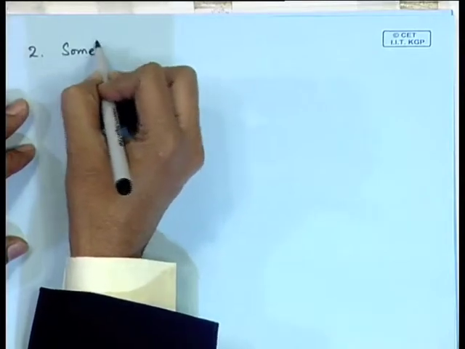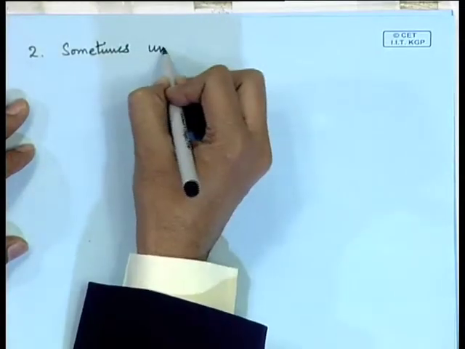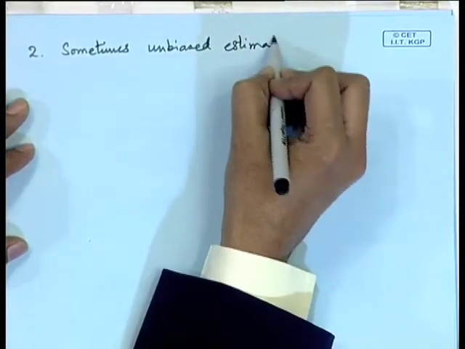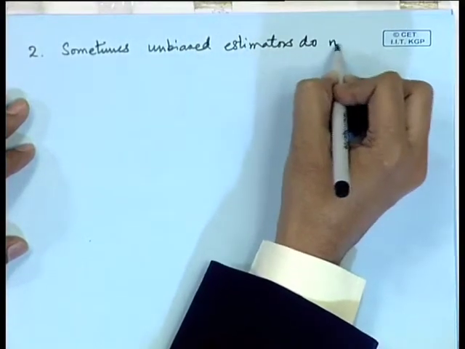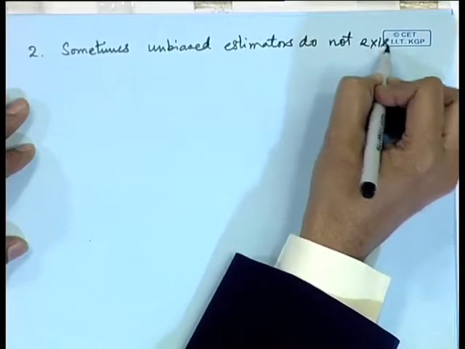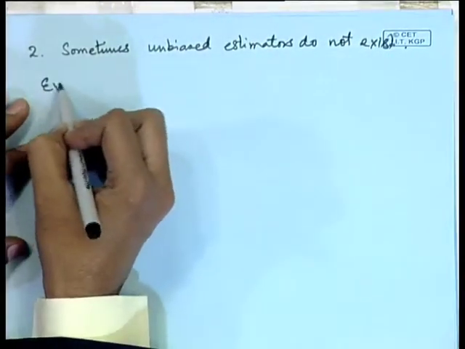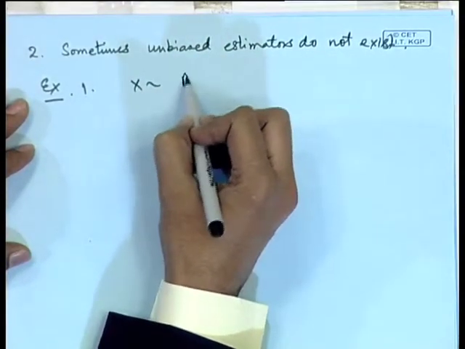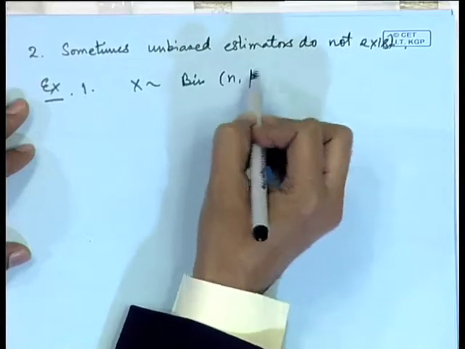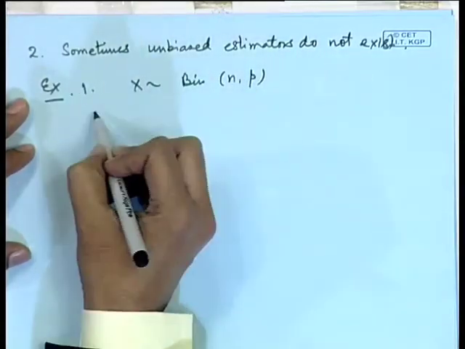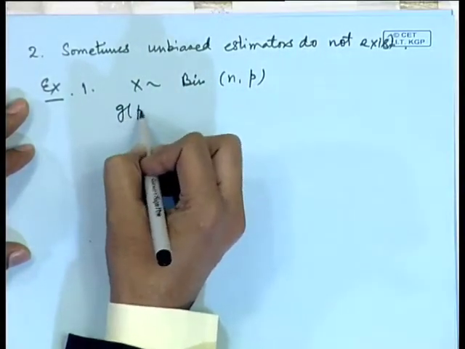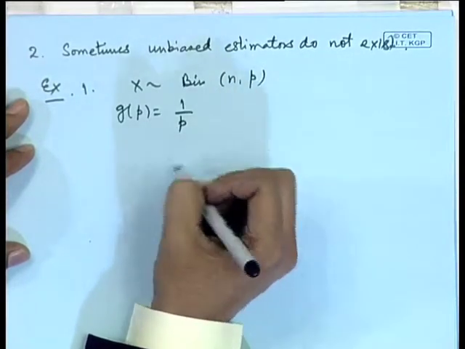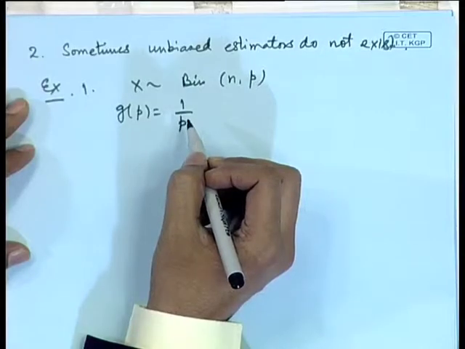Sometimes unbiased estimates do not exist. Let us take this binomial situation. And I may be interested to estimate, say, 1 by p, that is the reciprocal of the probability of success.